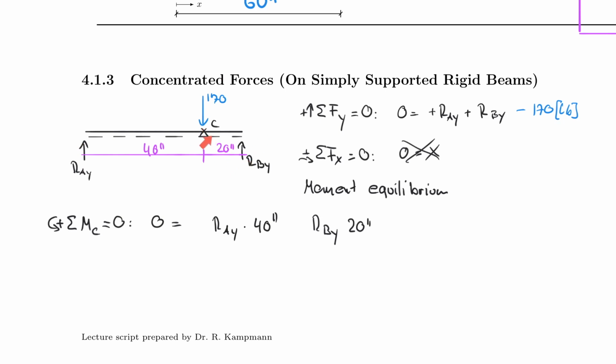And RBY, which turns also about this point, would rotate counterclockwise, and that makes it positive. So let me assign those signs here. And now I can actually state, hey, I have equation 1 up here, and I have equation 2 right here. And I could now solve two equations with two unknowns. So this can be solved, and this is a valid way of dealing with these type of problems.